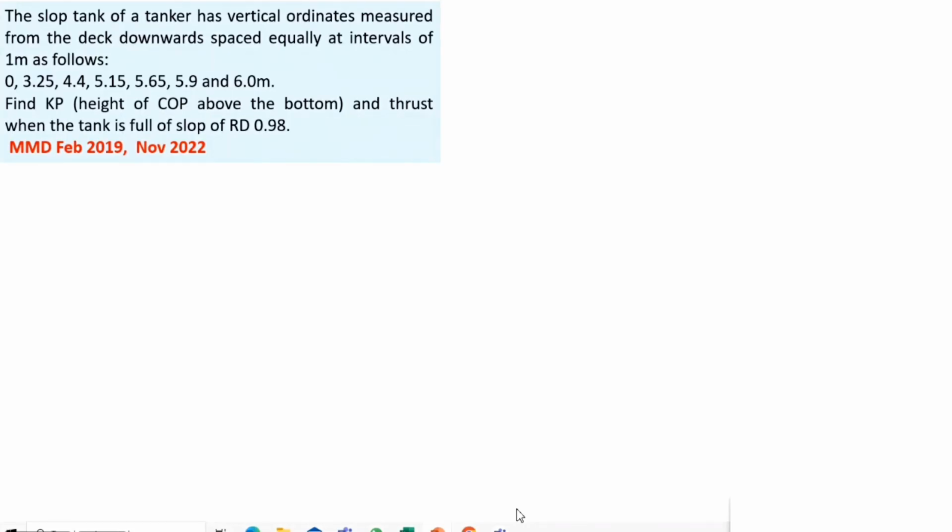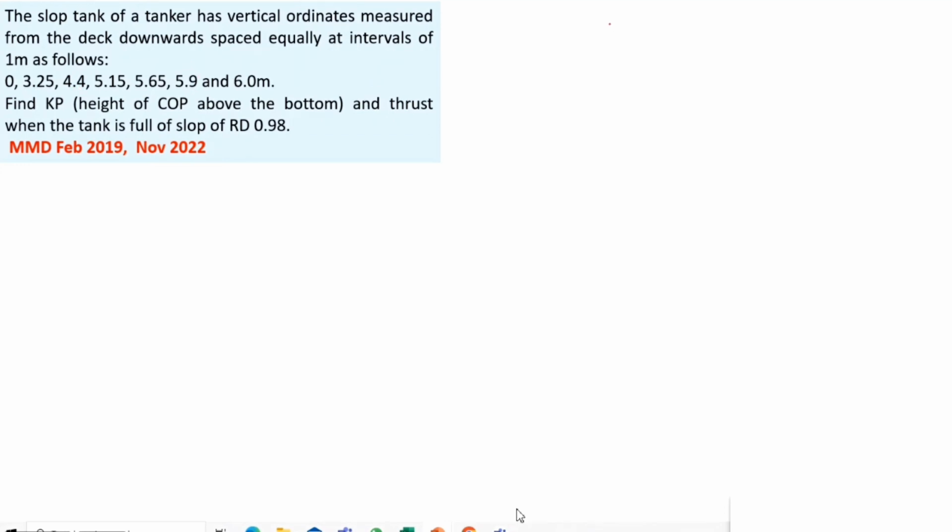Would you like to quickly make a diagram with the liquid level? It's an MMD question. I'll also make the diagram, don't worry. The diagram should be appropriate. On one side, the ordinate is 0. Whether you keep the 0 to the left or right does not matter, because you could be looking from forward to aft or aft to forward. There are 7 ordinates: 1, 2, 3, 4, 5, 6, 7.